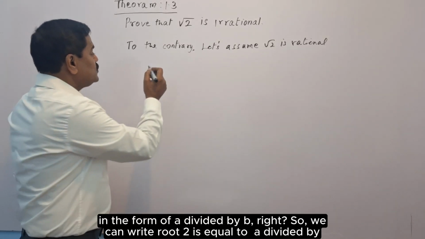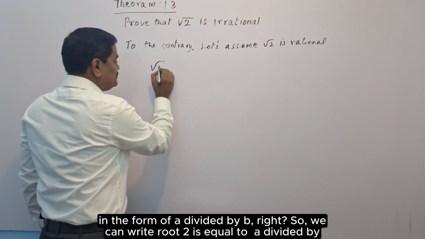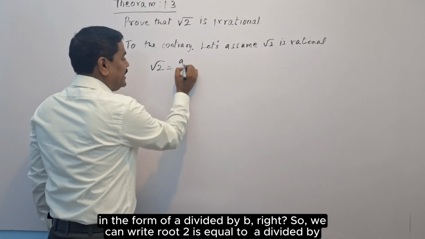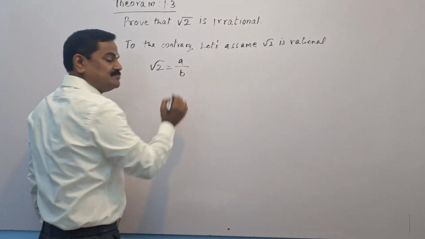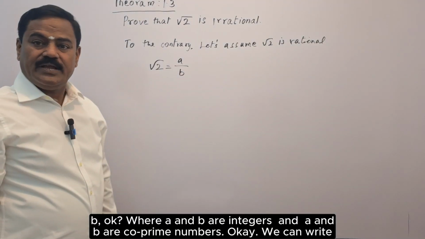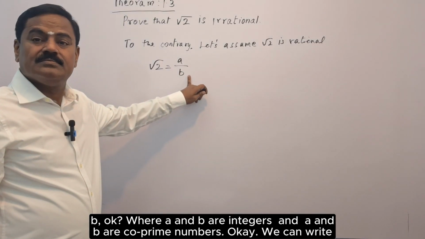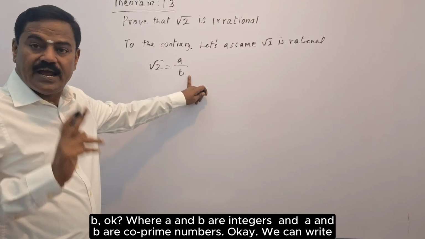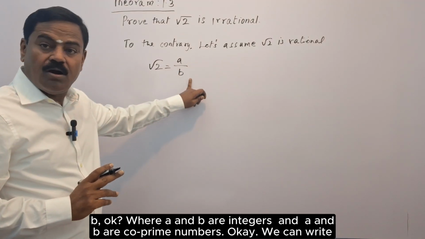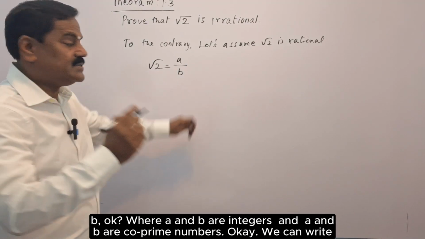So we can write root 2 is equal to a divided by b, where a and b are integers and a and b are co-prime numbers.